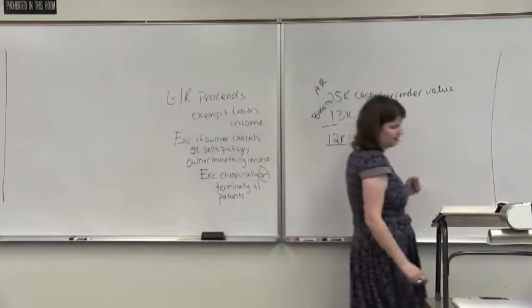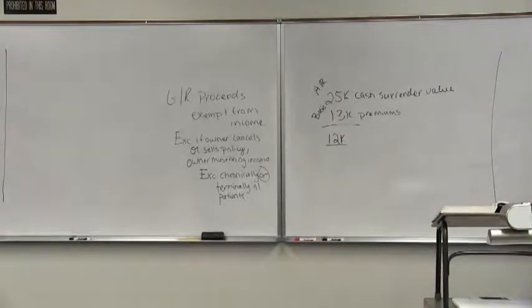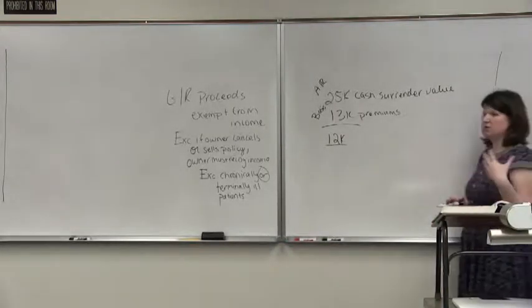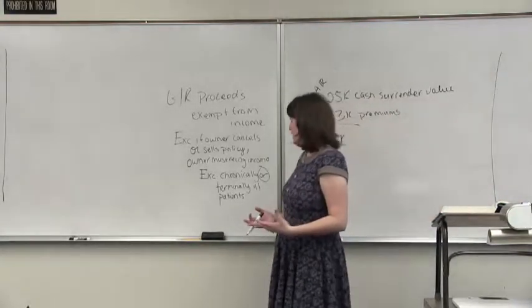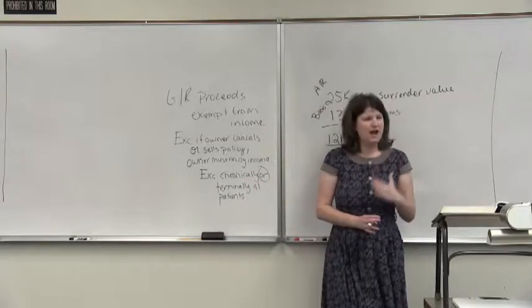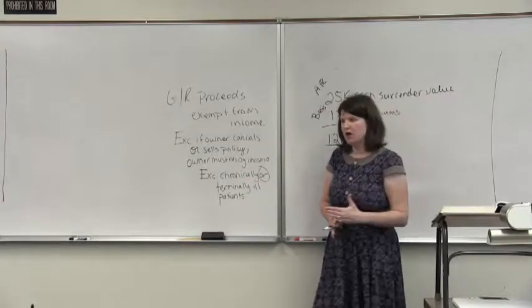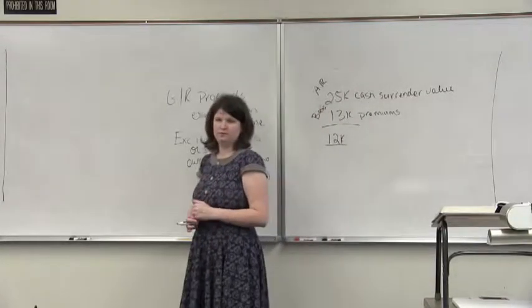Chronically ill is defined as someone who needs assistance for everyday life, such as going to the bathroom, taking a shower, etc. Terminally ill means they have been diagnosed by a doctor as having 24 months or less to live. Okay?